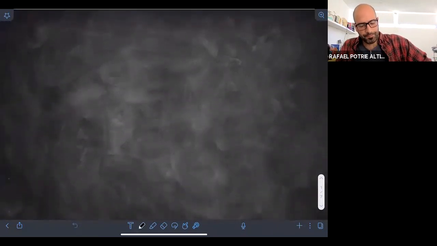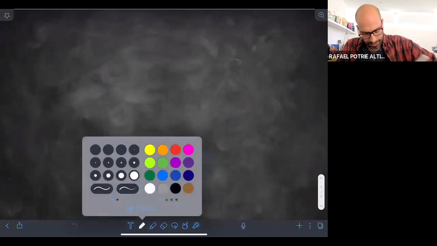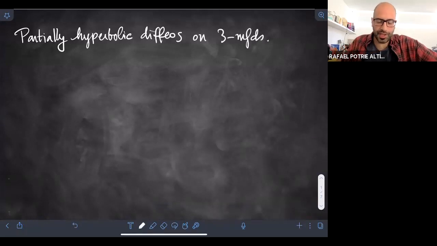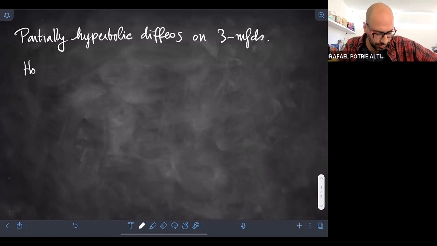So I will say a couple of words about at least the next time. The idea is, we are looking at partially hyperbolic diffeomorphisms on 3-manifolds. We just made some algebraic examples, and so how to get new examples?